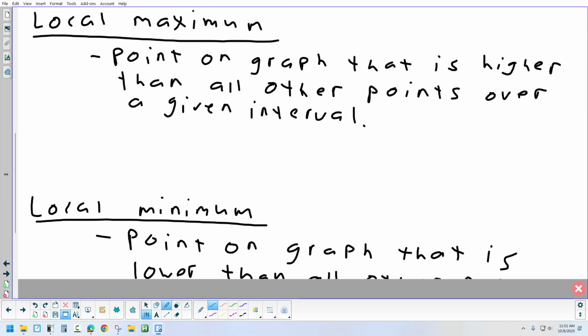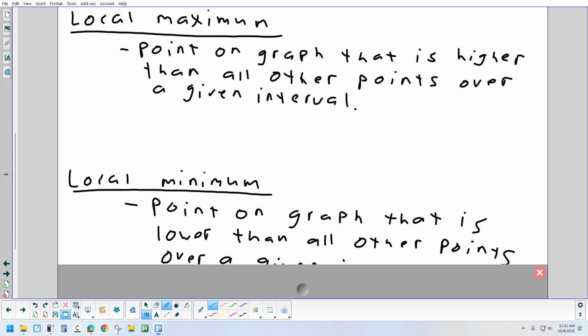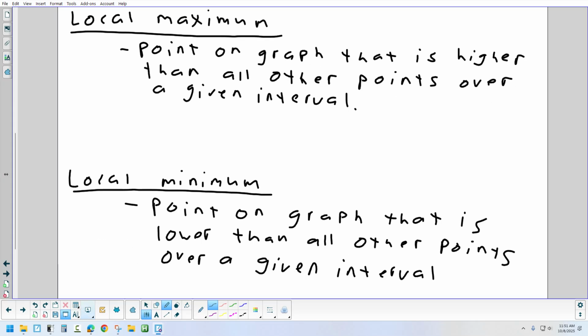So local maximum and local minimum. A local maximum is a point on the graph that's higher than everything around it in a section. And a local minimum is a point that is lower than everything around it over a certain section. Now, sometimes a minimum or maximum might be what we call global.